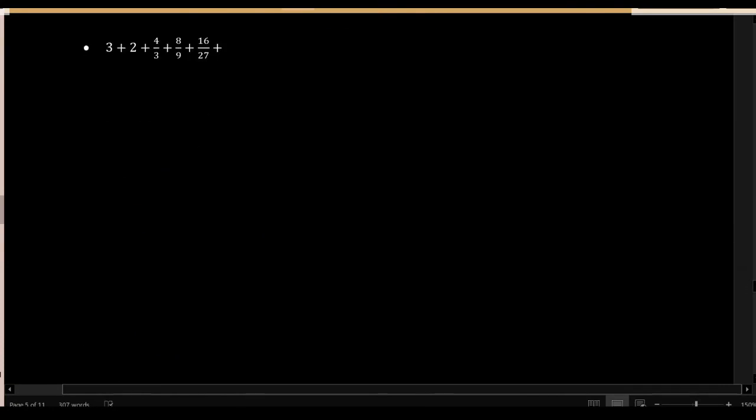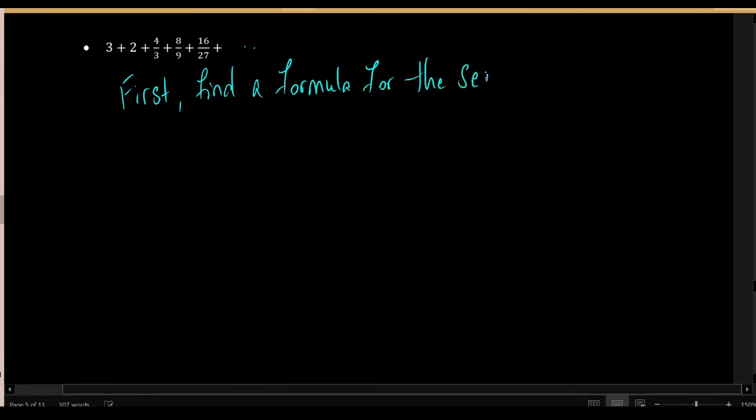Now what about this one? We have the infinite sum 3 plus 2 plus 4 over 3 plus 8 over 9 plus 16 over 27. Now this is not in sigma notation, so the first thing that we're going to try and do is find a formula for the terms in the sequence. Let's consider the common ratio.